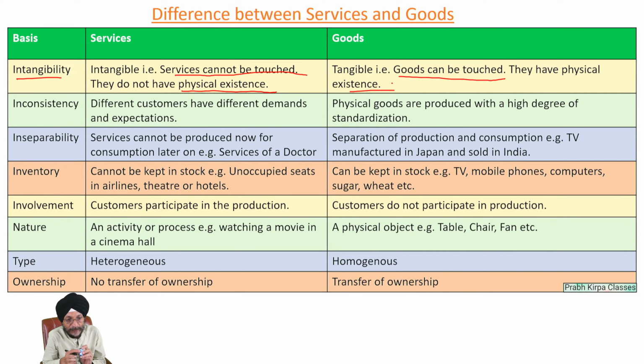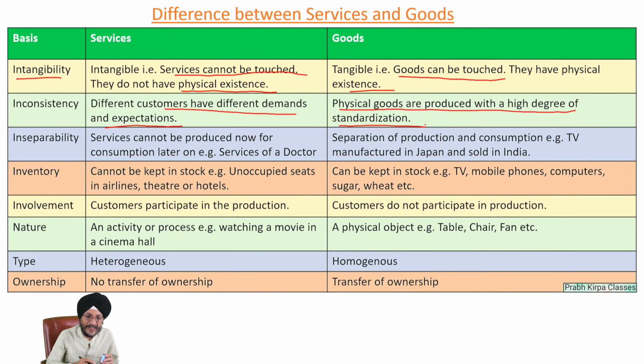In the case of goods, goods are produced with a high degree of standardization. If we go to the market to buy a pen drive of the same brand, we will find that all the pen drives of the same model of the same make manufacturer are of similar type. They are manufactured with a high degree of standardization.